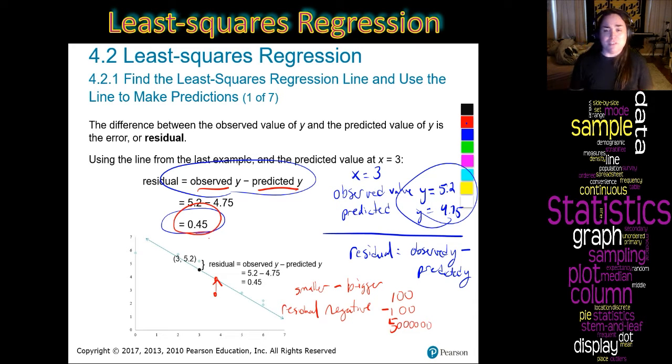If I have a residual of 5 million on this graph, not something to do with the federal budget, but something with this graph, 5 million, that is a huge residual. That line's going to extend up in space. But what if I have another residual really far down below the line at negative 5 million? What would happen if I added up all of those residuals? They would add up to 0. And that would belie the situation.